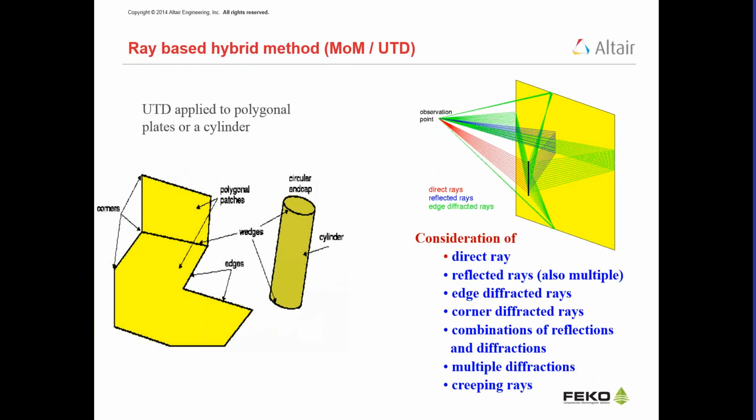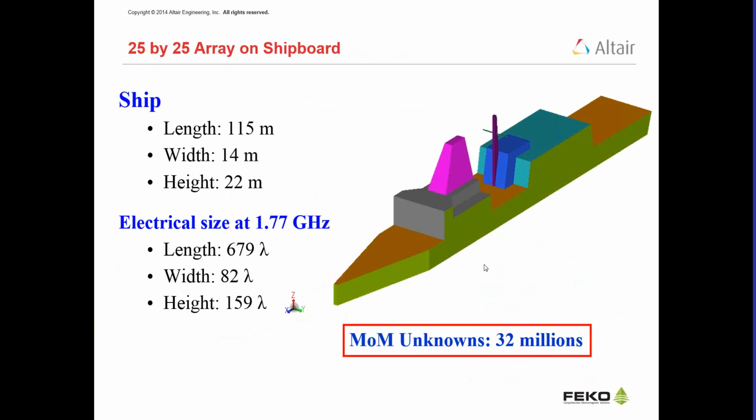As an example, we took a ship. We approximated the ship with a flat plate model, as you can see here, and we placed a 25 by 25 array on the side of this mast here, and computed the radiation pattern at 1.77 gigahertz. Even though the frequency seems lower compared to the fighter aircraft, the ship is a larger structure, so electrically it is much larger at 1.77 gigahertz than the fighter aircraft.